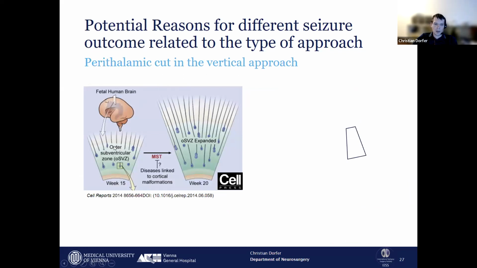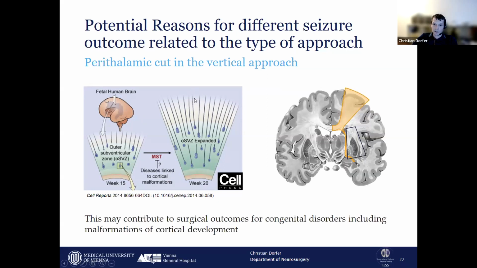As we all know, during development, the human cortex starts from the subventricular zone, and then all the neurons migrate along the radial glia to the cortex. And in case of malformations of cortical development, dysplastic neurons may be found all the way from the ventricle up to the cortex. And this is where the perithalamic cut, as you can see here again, may be of advantage.